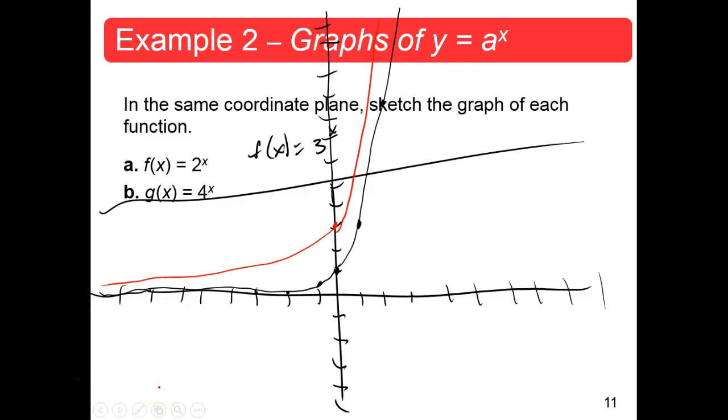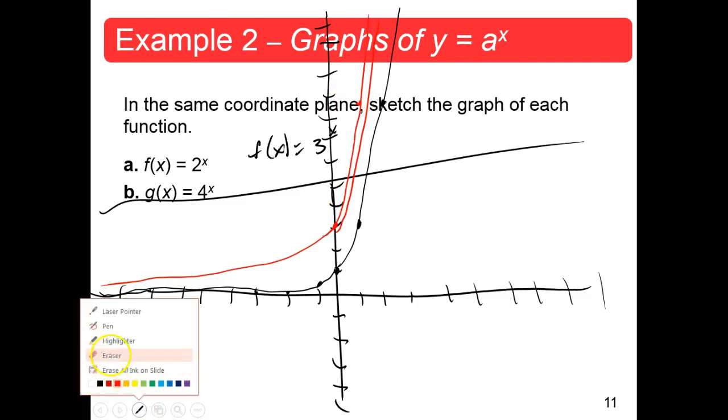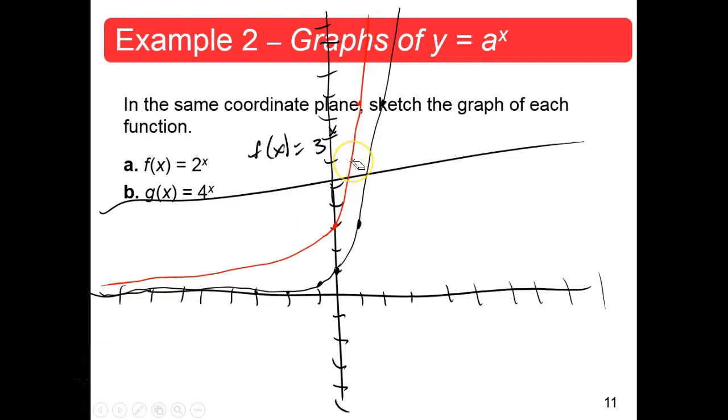Yeah, okay. This slid over 1. This should have slid over 1. So I didn't quite have these lined up right. I should have been more careful because I got myself screwed up.